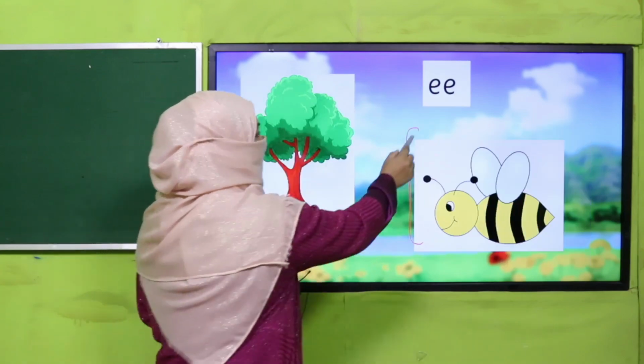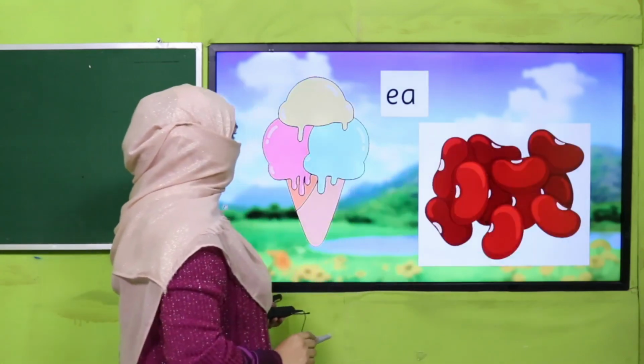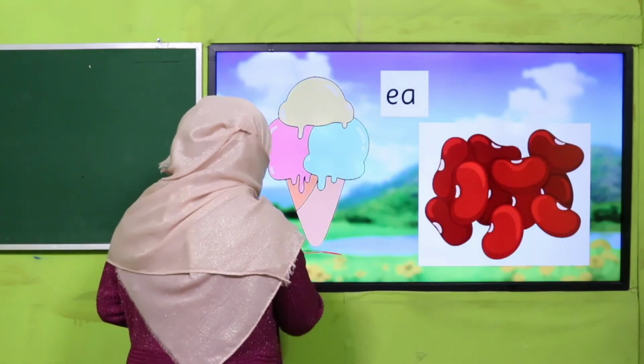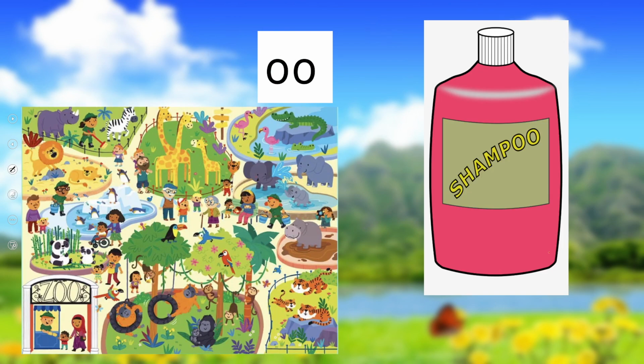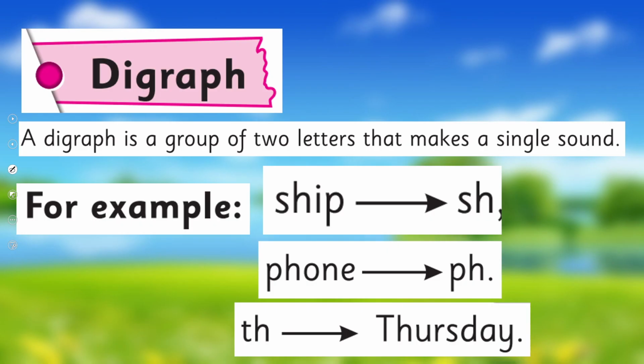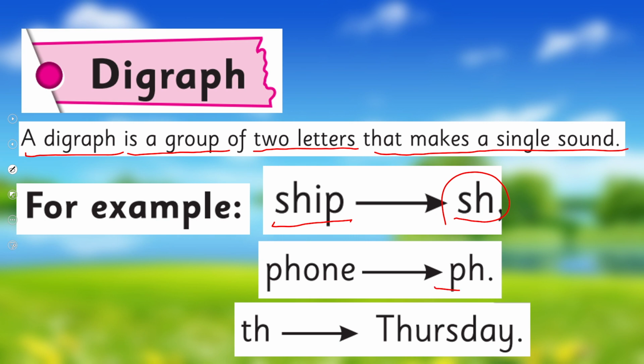These are vowel digraphs. Ice cream, beans, moon, spoon, and zoo, shampoo. So we learned that a digraph is a group of two letters that make a single sound, such as in ship, as in phone, and as in Thursday.